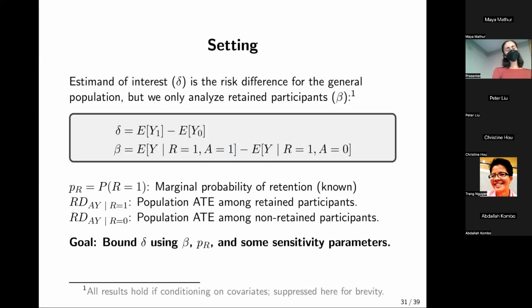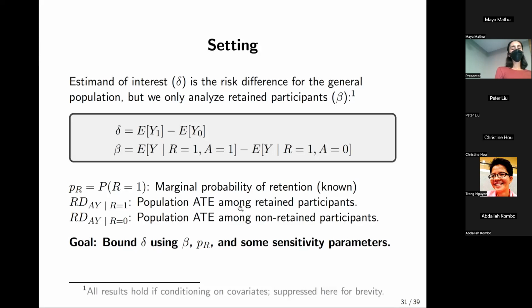Okay, so the setting is similar. I'm suppressing conditioning on covariates, but you could do that throughout. So we again have delta as our general population estimand, and we've got beta as our naive sample estimand. Our goal is basically to bound this general population effect delta using the naive sample estimand beta, the probability of retention, so 1 minus the proportion of missing data, as well as two other quantities, which I'm going to discuss more.